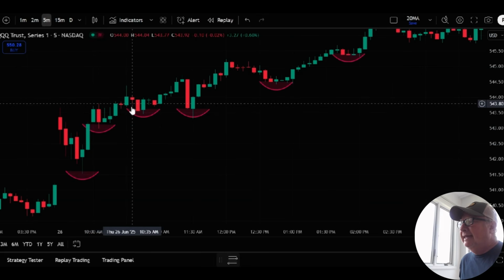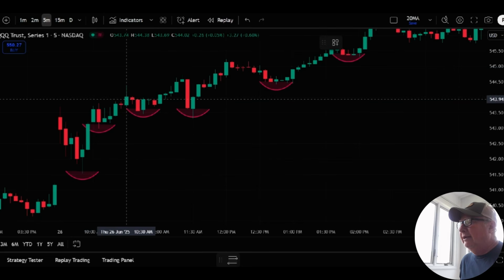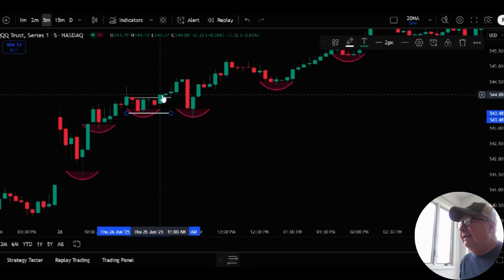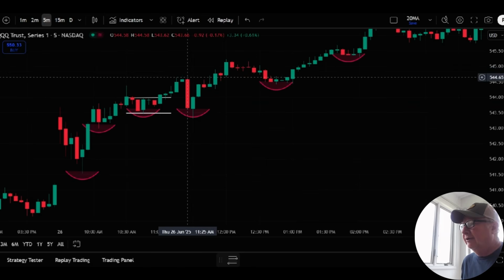So as we break out of this little support area and move higher, that's a buy signal, right? You've got a little support area here. And as we break out of that, that's your buy point. That's your stop, right? And now you're looking for a scalp higher, which we get here.